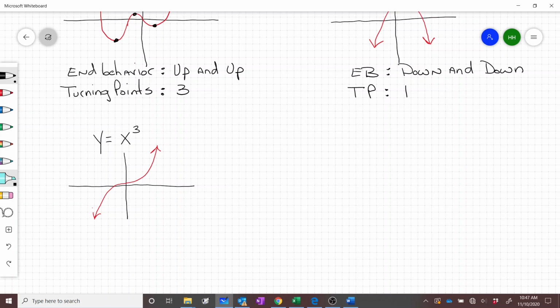This end behavior is down and up. Turning points: in this case, there are 0. Alright, the graph doesn't completely change directions.